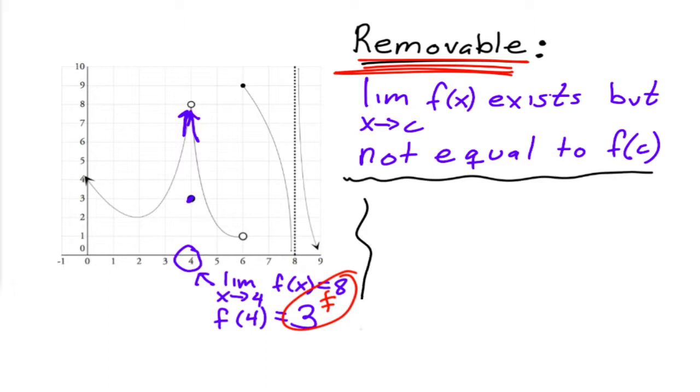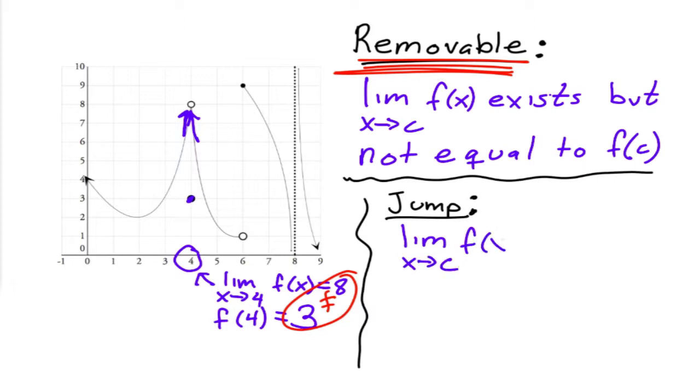Now the second type of discontinuity is called a jump discontinuity. You would have a jump discontinuity if the limit as x approaches c from the left isn't equal to the limit as x approaches c from the right. So if the limits of those two sides are different, then that's going to be called a jump discontinuity.